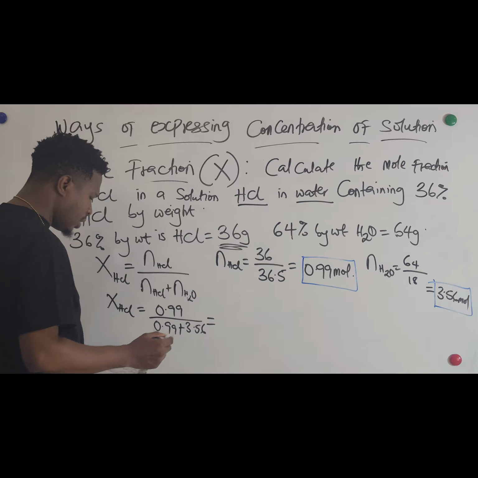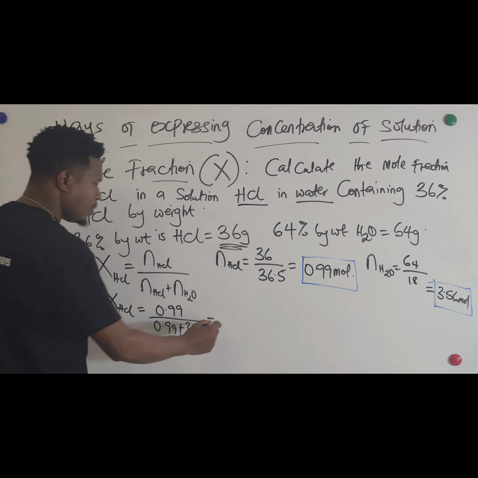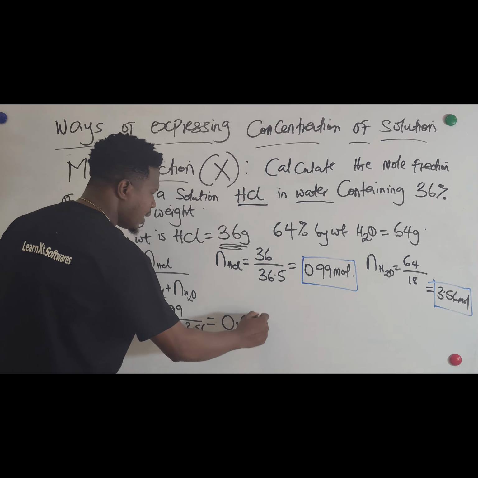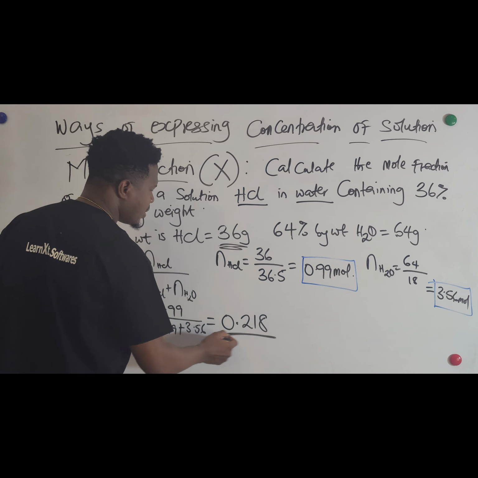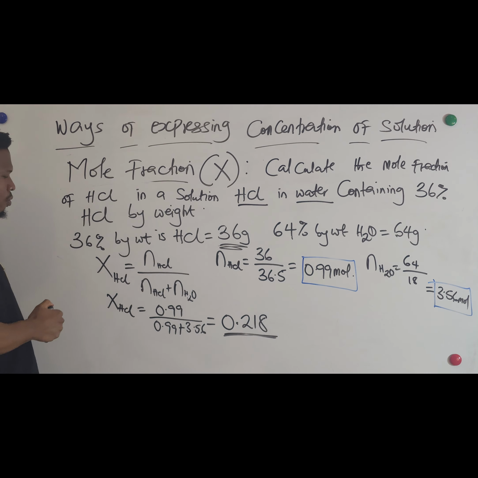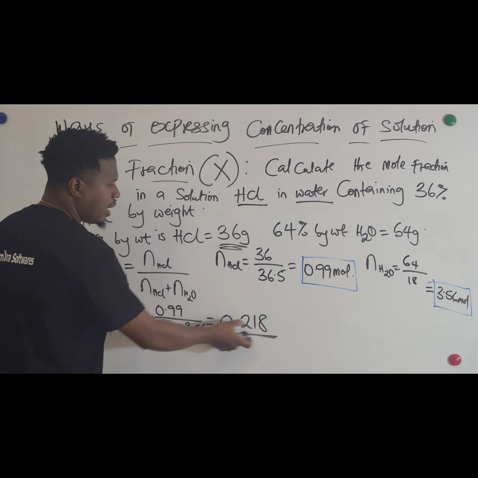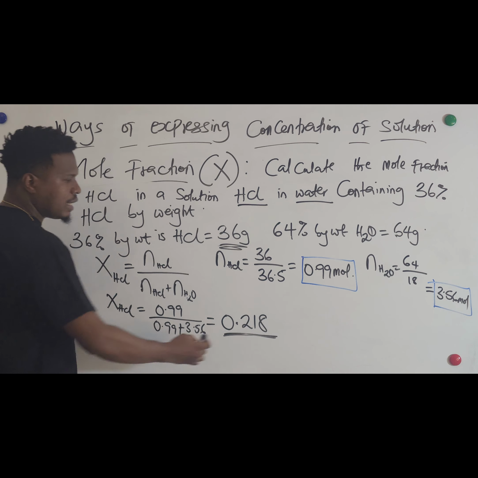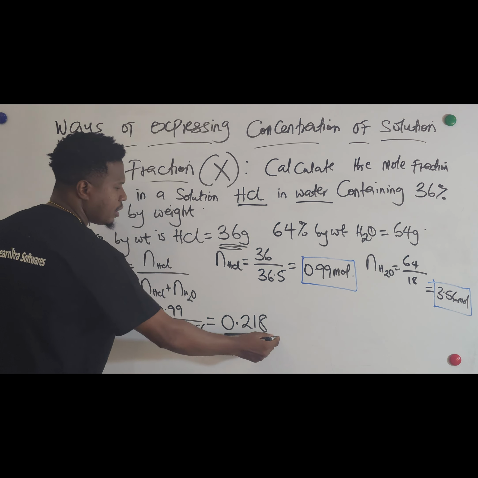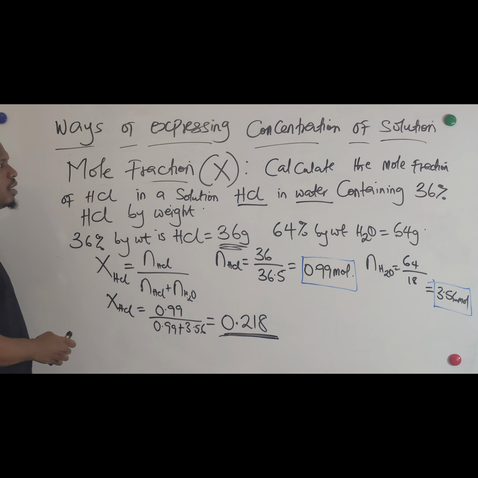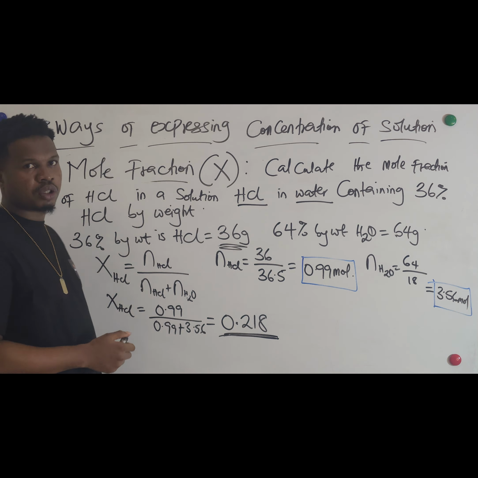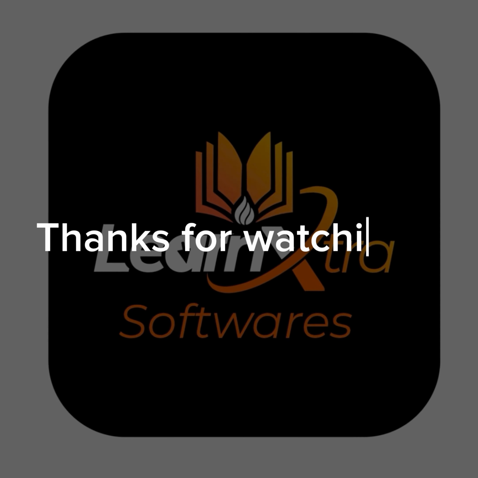When you do this division and addition, you have 0.218, which is the final answer. Take note, mole fraction is dimensionless. When you are done solving, leave your answer the way it is. Don't attach mole here. That is the mole fraction of this solute in this solution.